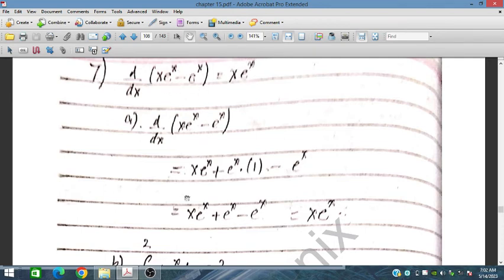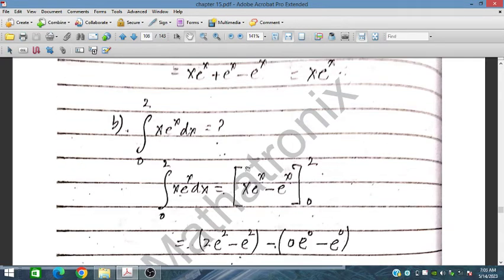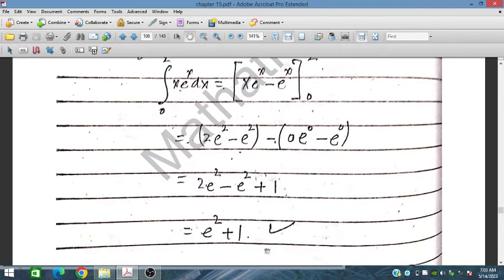So this part B is using this value. When we integrate this part we will get this one. So that's why in place of this we write this. This is very important. On substituting the limits from 0 to 2 we have 2e power 2 and this. So eventually we obtain this result.